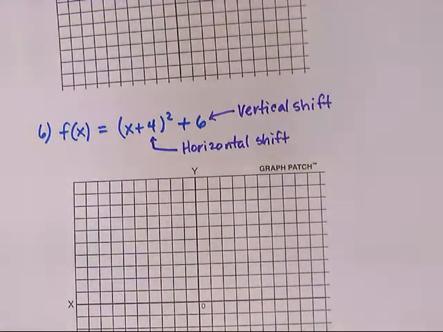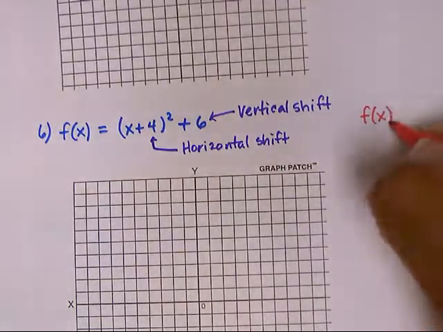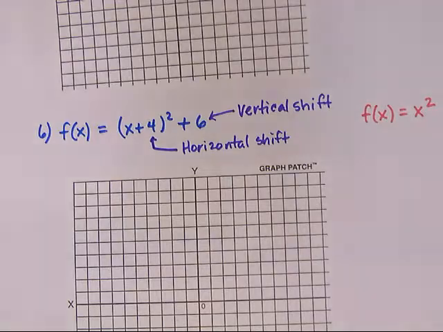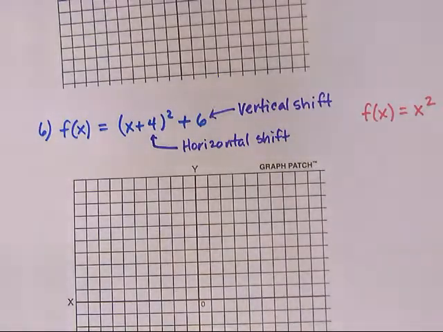Okay. Now, the original function, if you kind of look at this, that original function would be the function f of x is equal to x squared. Okay, because it's shifted to the left 4 and then goes up 6.